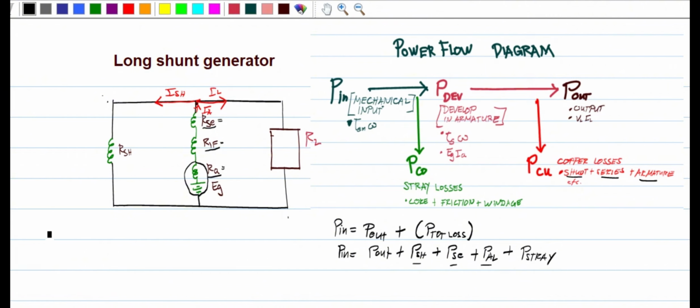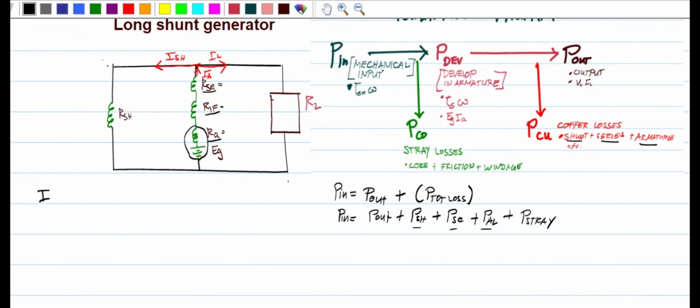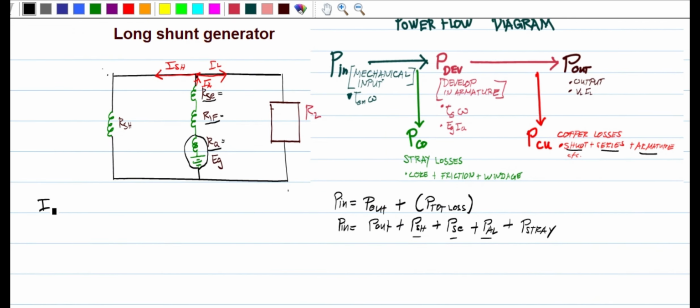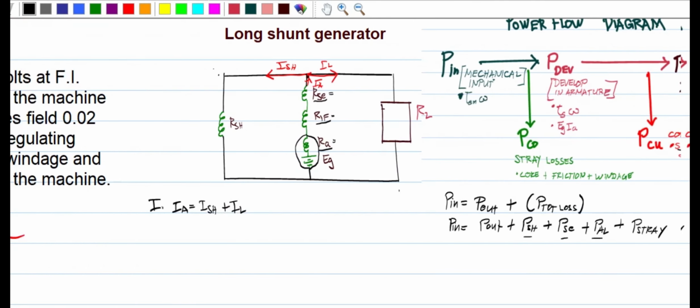Okay, step 1. IA is equal to ISH plus IL. IL is already given, which is 100 amperes.